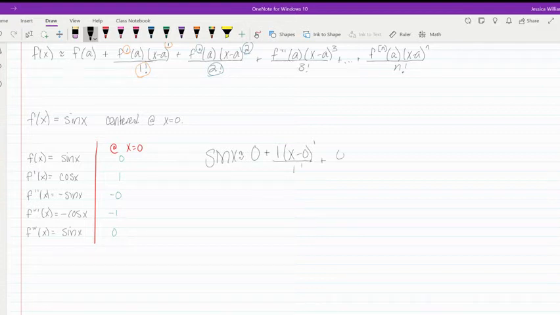Plus 0. Plus, or minus now, 1, x minus 0 to the third over 3 factorial. And that's as far as I went. So that's kind of the best I can do right now. But if I start to clean, maybe I can see a pattern and maybe I can write more terms.